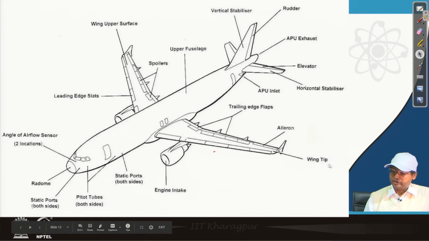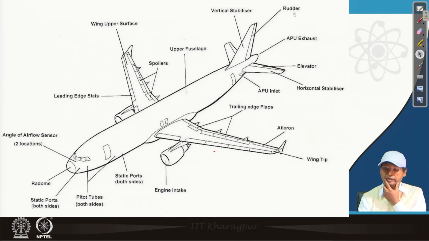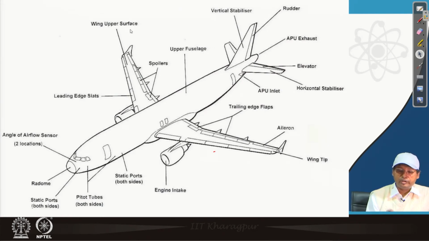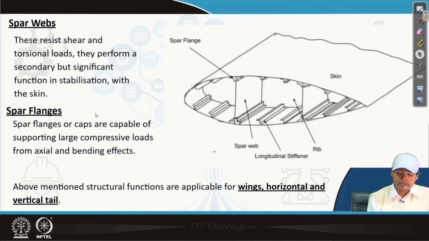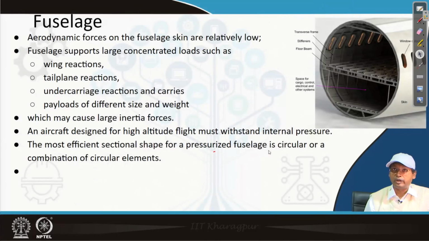This is the engine intake, this is the wing tip portion, aileron is this, trailing edge flaps, auxiliary power unit inlet, this is the auxiliary power unit outlet, this is the elevator, horizontal stabilizer, rudder, vertical stabilizer, upper fuselage, spoilers, wing upper surface, leading edge slats, angle of airflow sensors.